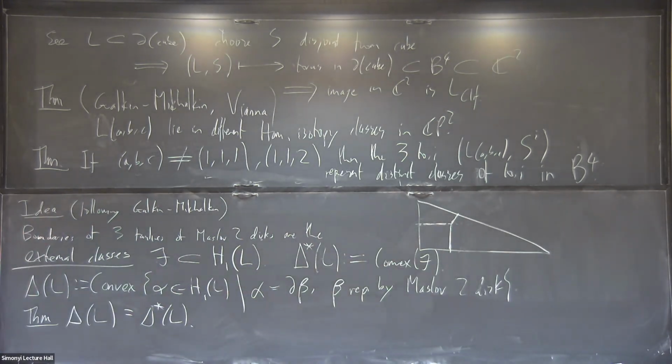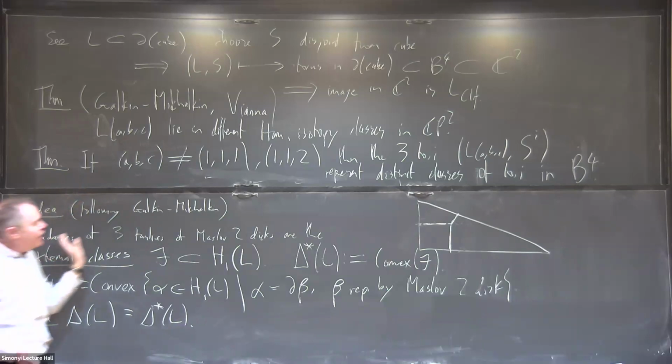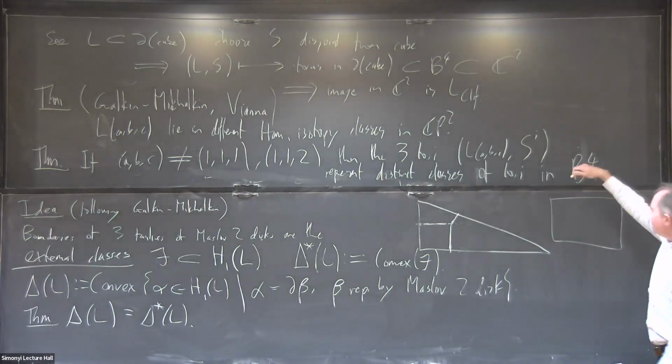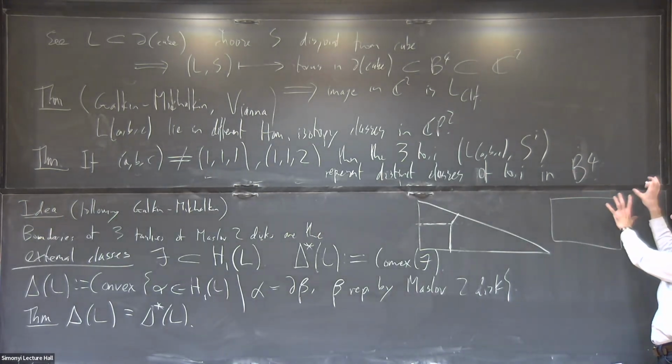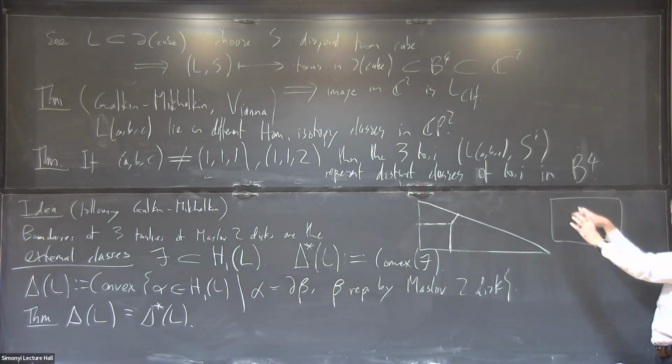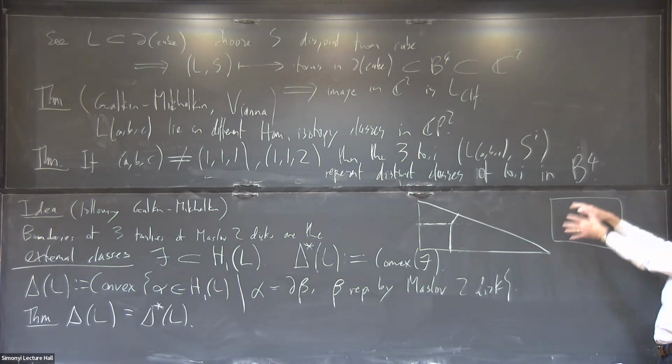Okay, I was trying to say something quantitative. 5 minutes here. By the way, this same story, this is all CP2, you can play the same game for S2 times S2. There you're relating Hamiltonian isotopy classes in S2 times S2 to Hamiltonian isotopy classes in the cube. And it turns out you always get 4.